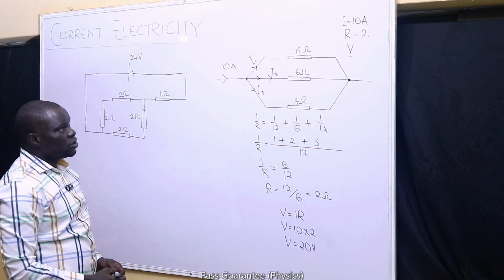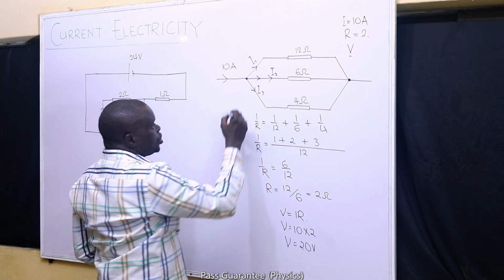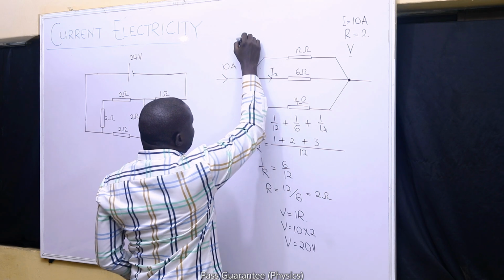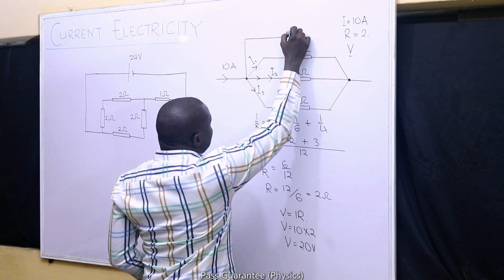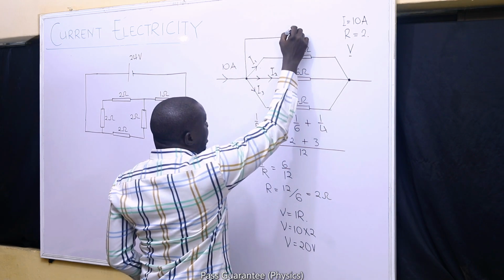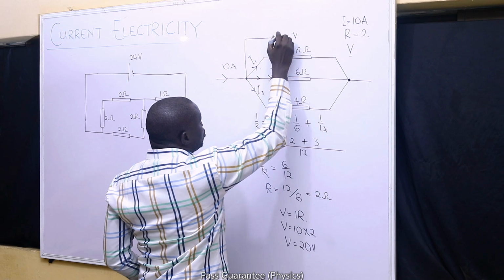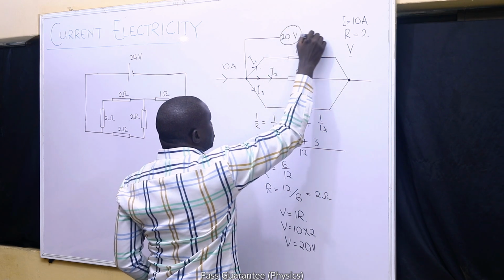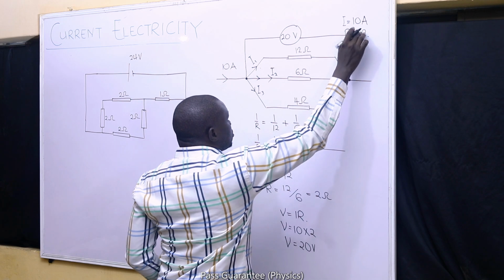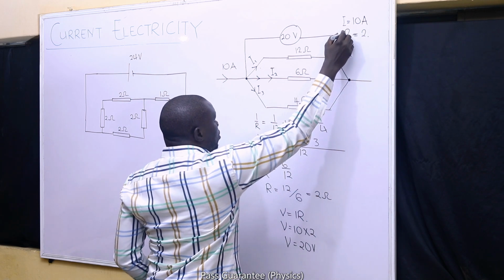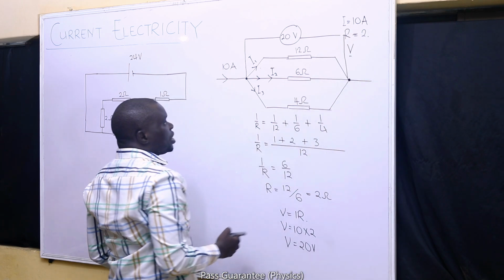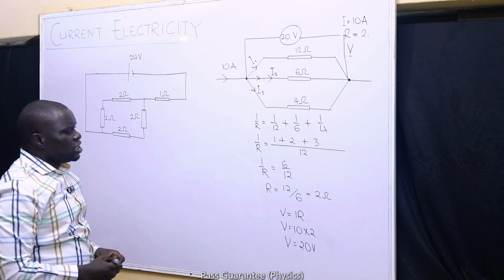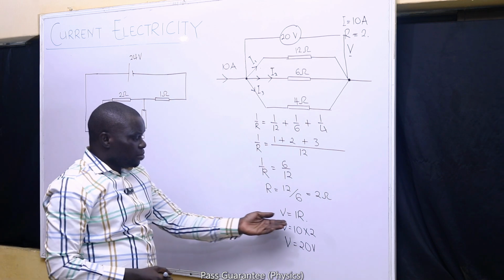Now, since I know the total V, the total V in this parallel connection is the V across the point that they are all connected to, 20 volts. That's the total V. So V is equal to IR is always very, very important.